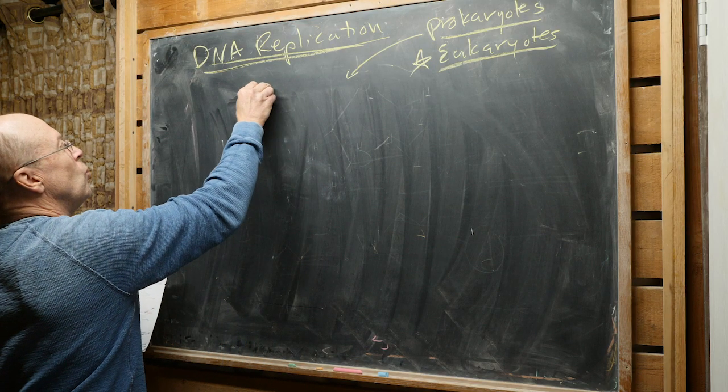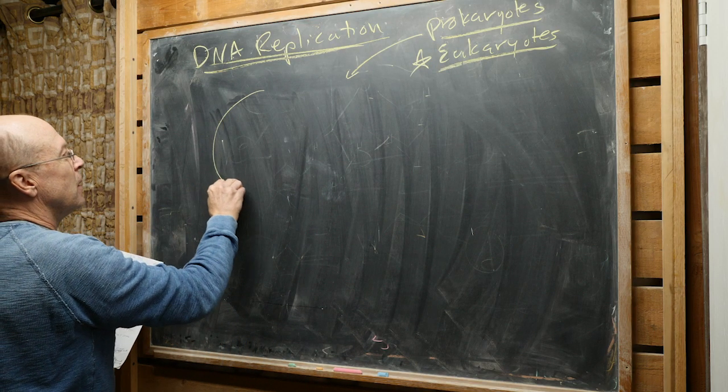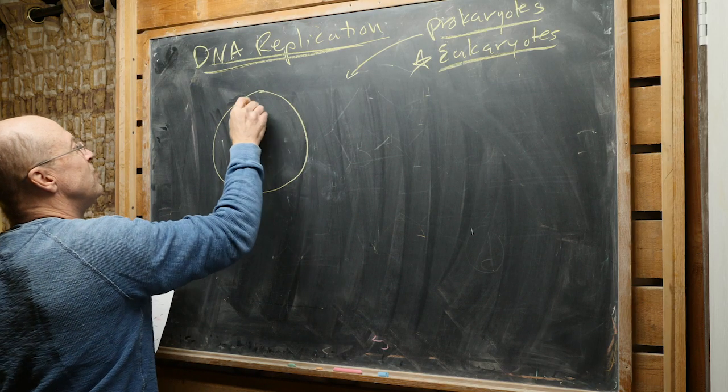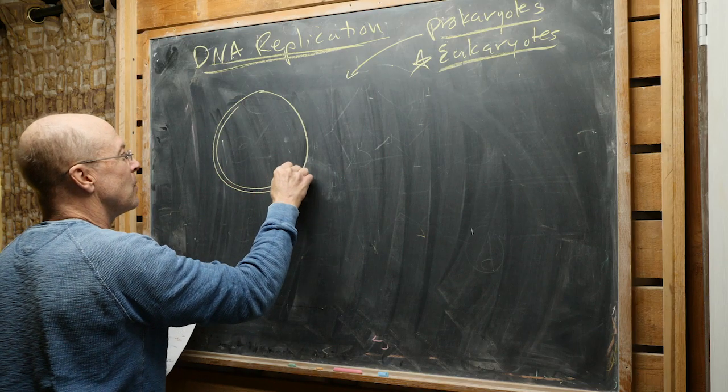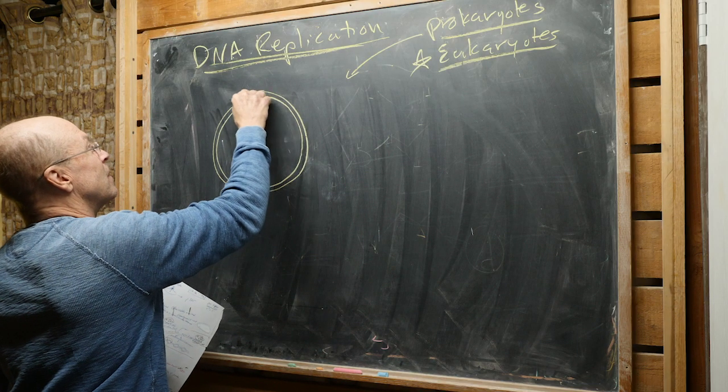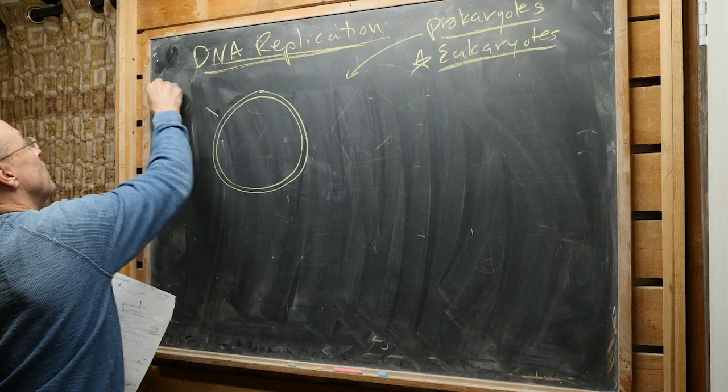So if we drew a picture of, this is very, very oversimplified. This is double-stranded DNA, except it's a circular chromosome.